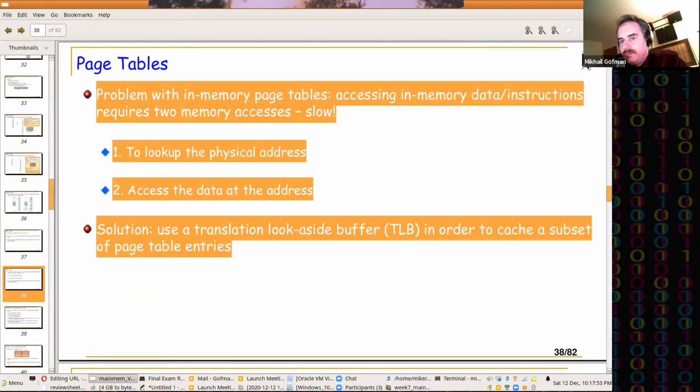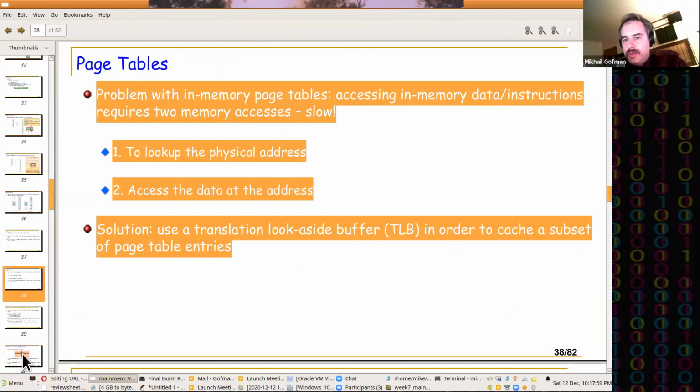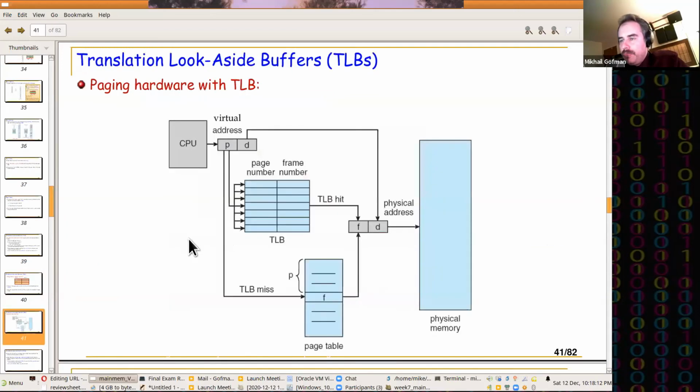So now, let's take a look at the picture of the TLB just to remind ourselves what it looks like. So TLB is basically an associative memory which has the page number and the associated frame number. So whenever a process issues the virtual address, it'll be split into the page number and page offset. And first, we're going to probe the TLB to see if the page and its associated physical frame are cached in the TLB.